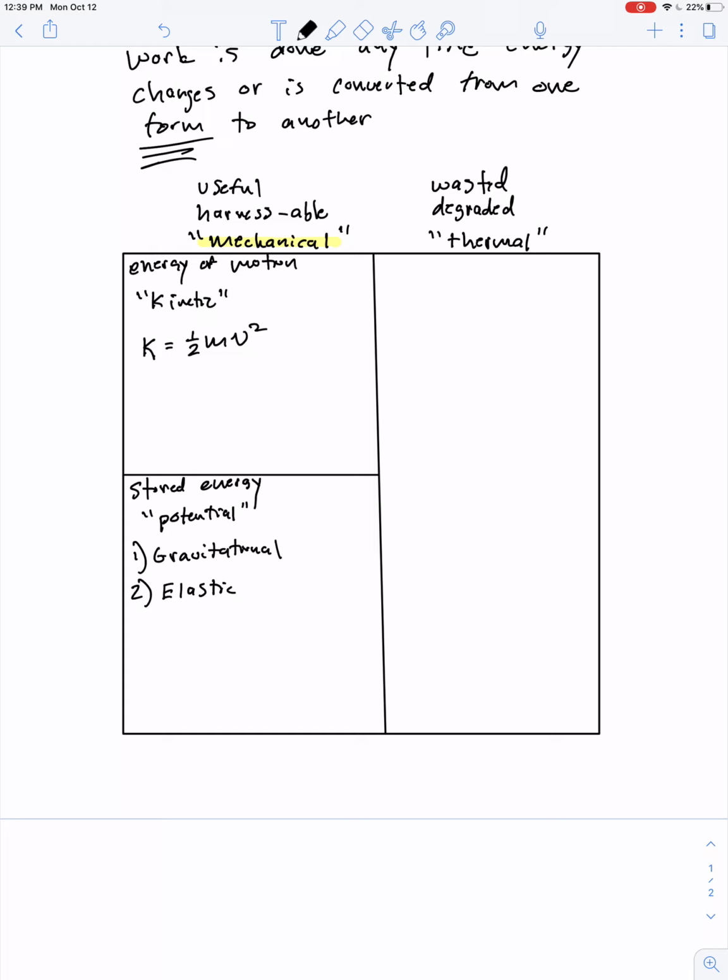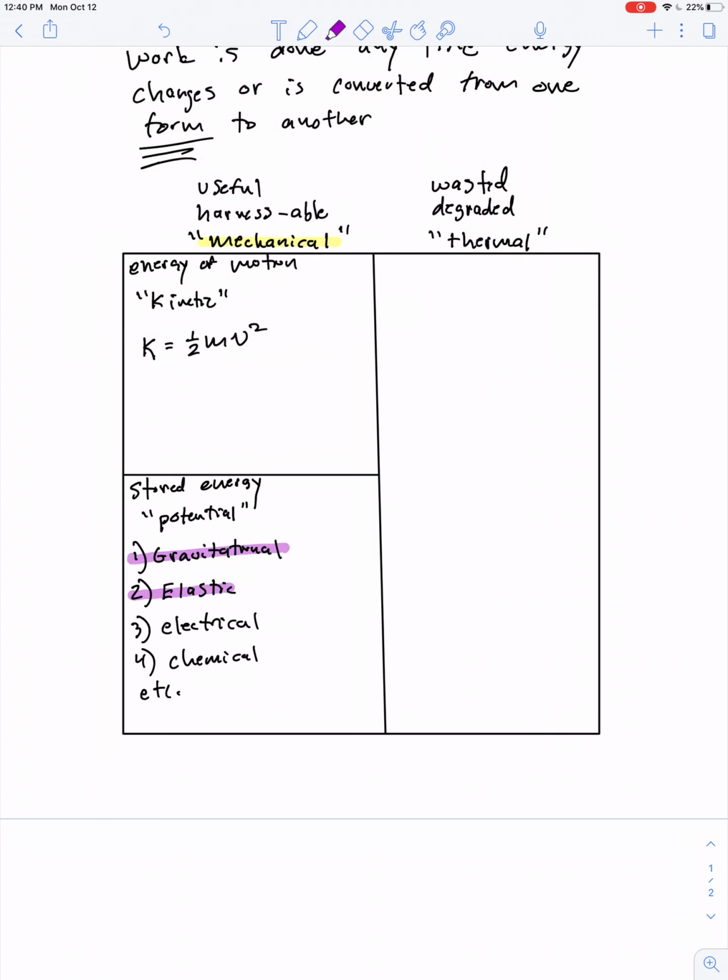And there's other forms of potential energy. There's stored electrical energy, chemical potential energy, etc.